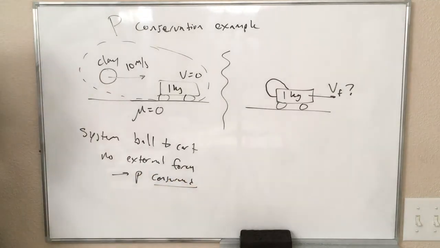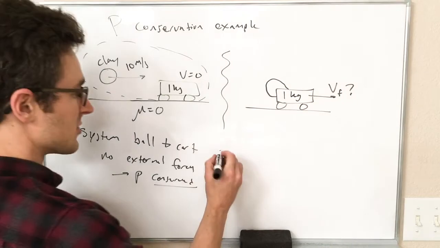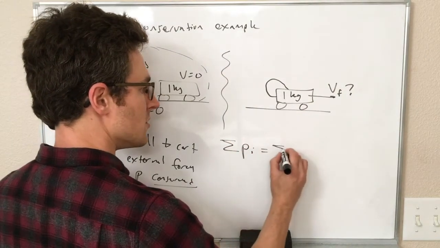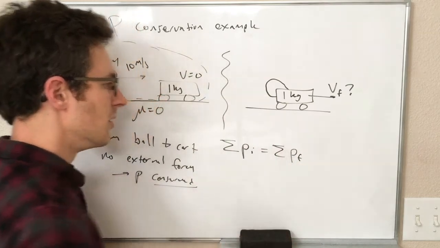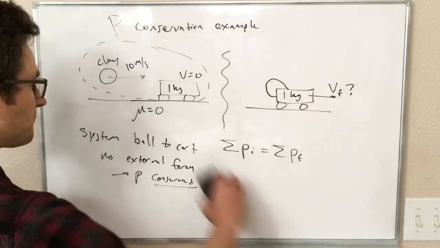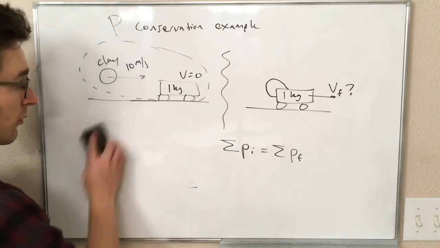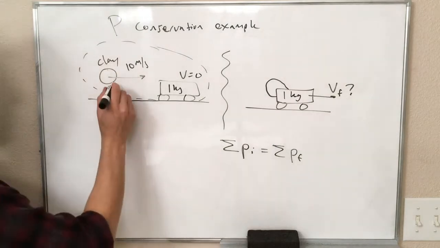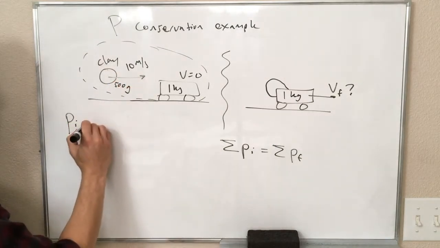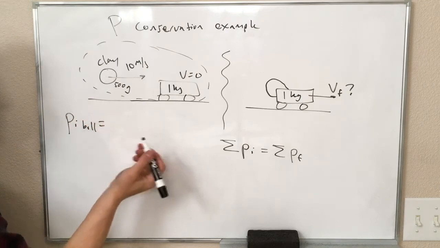conserved. So what does it mean for our momentum to be conserved? That means the sum of all of our momentum at the beginning is equal to the sum of all of our momentum at the end. So let's start by figuring out how much momentum we have at the beginning. The mass of the ball was 500 grams. So p initial of the ball is equal to mv.